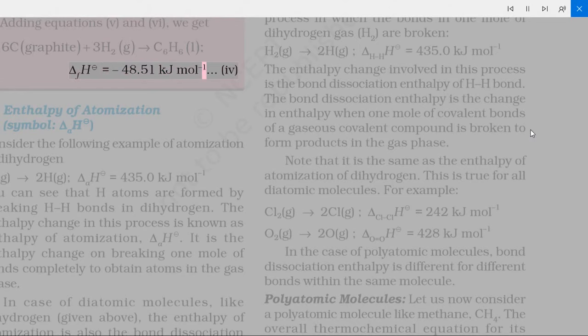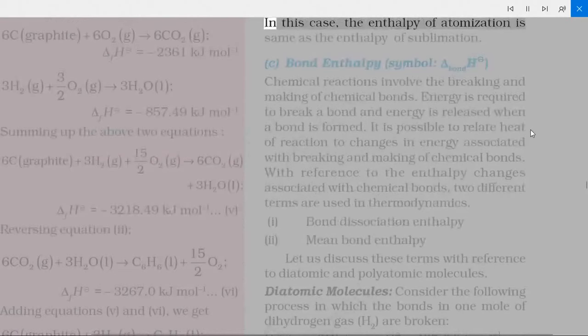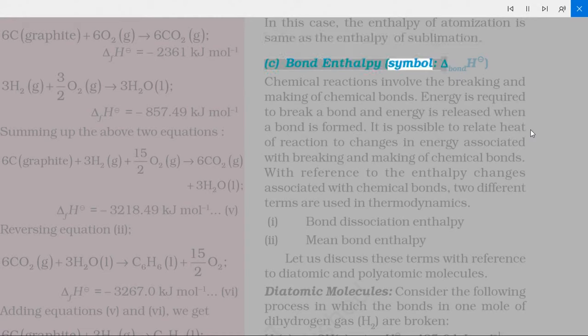In this case, the enthalpy of atomization is the same as the enthalpy of sublimation. C. Bond enthalpy, symbol ΔbondH. Chemical reactions involve the breaking and making of chemical bonds. Energy is required to break a bond and energy is released when a bond is formed.